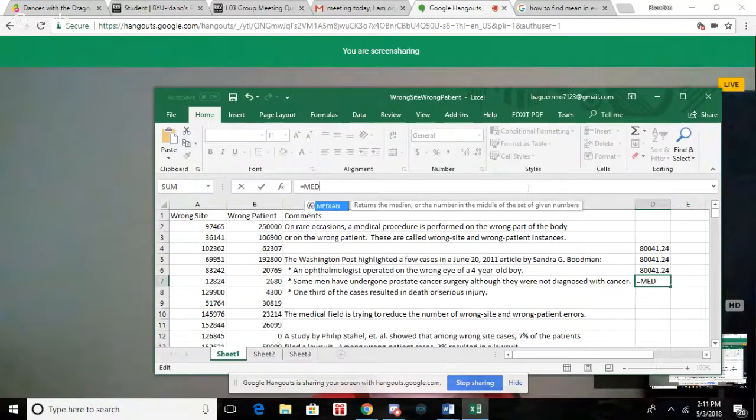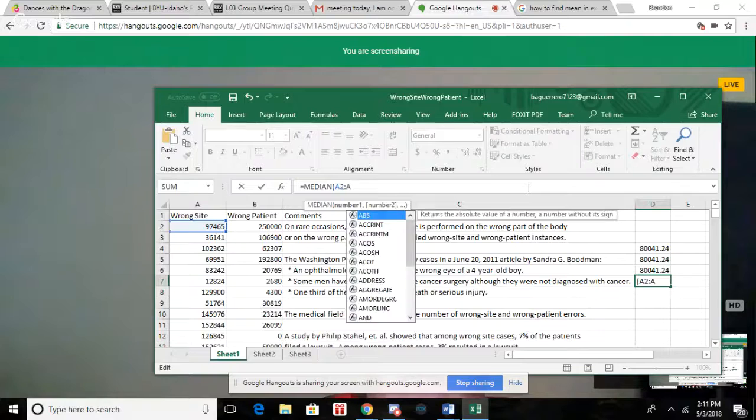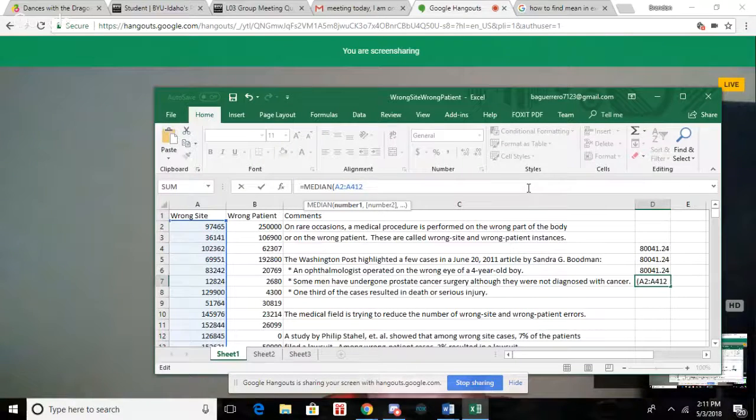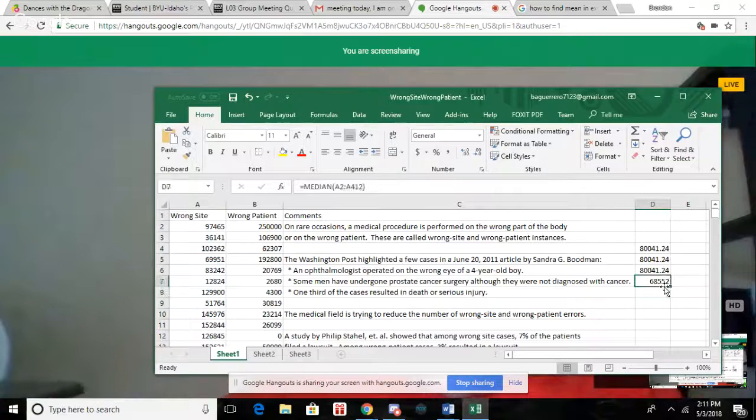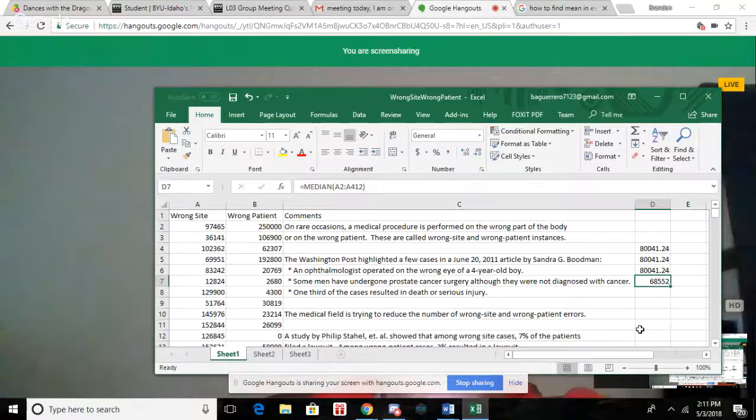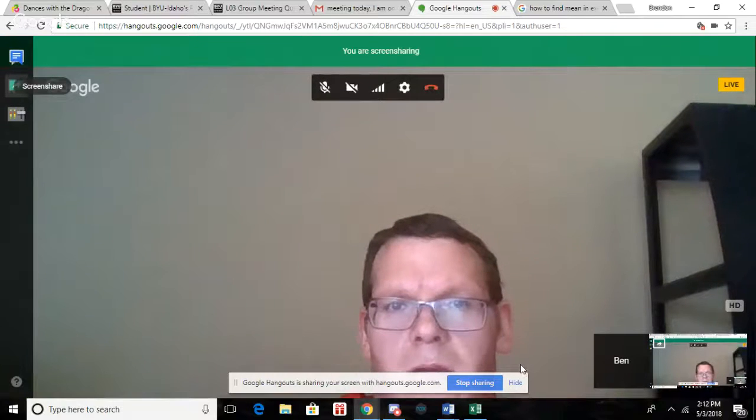For median, I think you don't need any special thing. So it'd be MEDIAN A2, A412, and it pretty well just types out the median for you. All right, is that good?